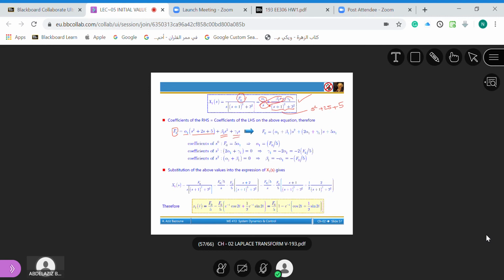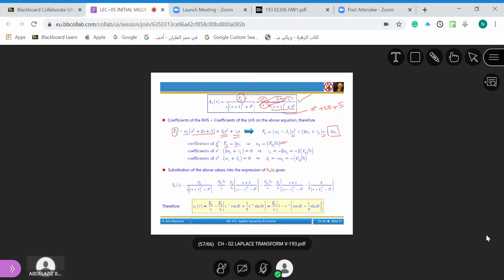We equate the left-hand side with the right-hand side, and we will say the coefficient of s squared is 0 because I have 0 on the left-hand side. The coefficient of s is 0 because I have 0 on the left-hand side. And 5 alpha 1 will be equal to f naught. Coefficient of s to the power 0 will give you f naught is equal to 5 alpha 1, or alpha 1 will be equal to f naught over 5.